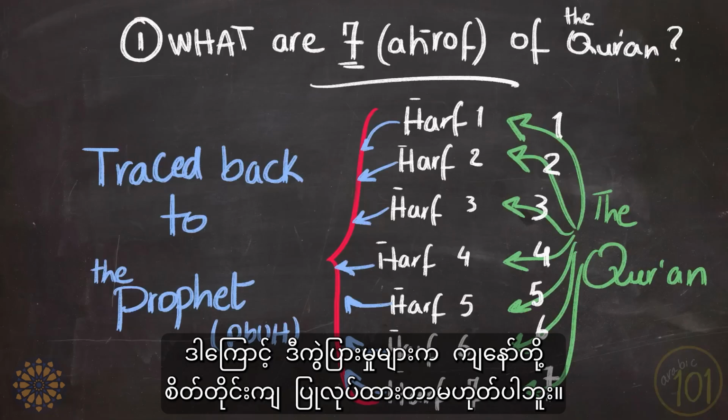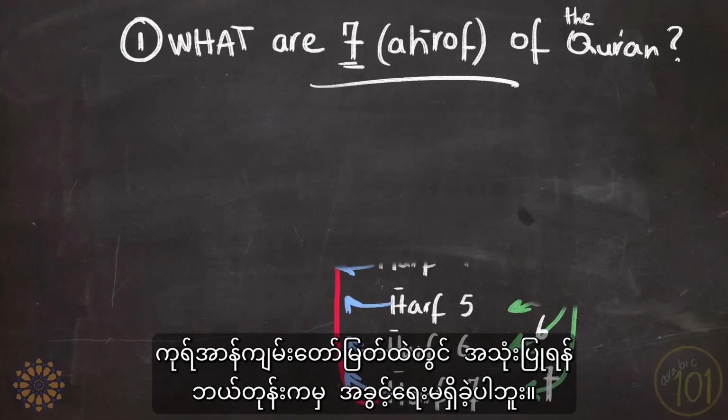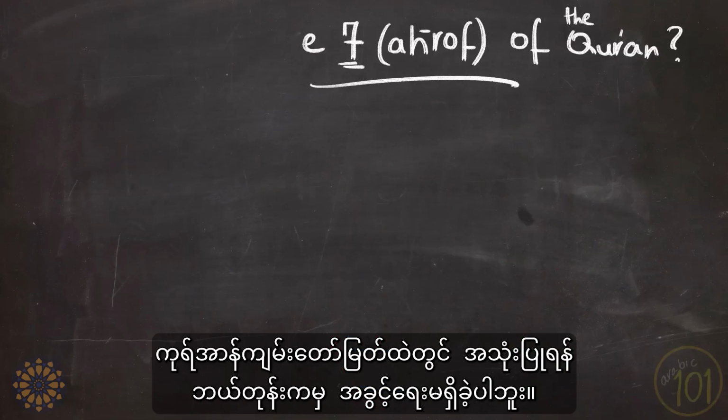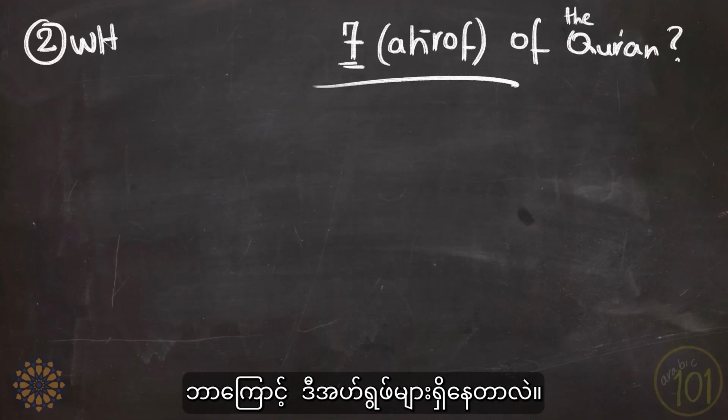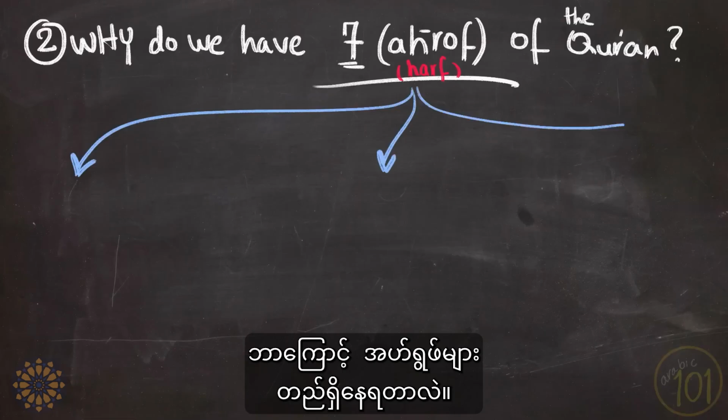Therefore, these variations are not up to us. So there is no and has never been any space for us for using our own variations of the Holy Quran. So why do these ahruf, and that is by the way the plural of harf, why do they exist?